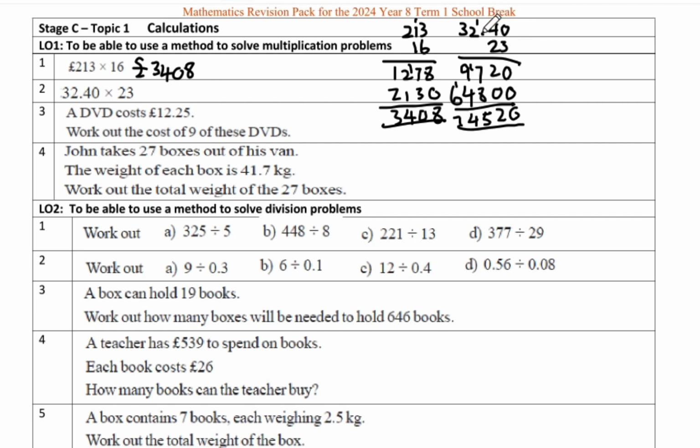And since there are 2 decimals here, we're going to follow it with 1 and 2. So the answer is 745.2.